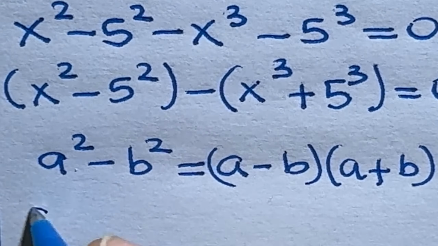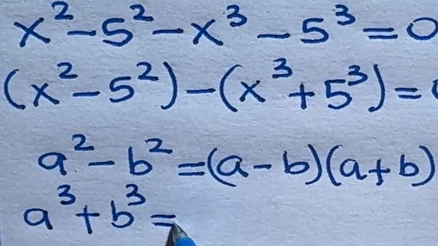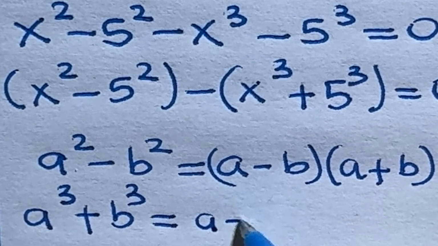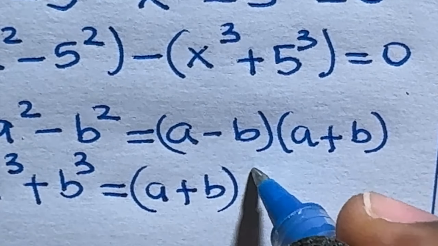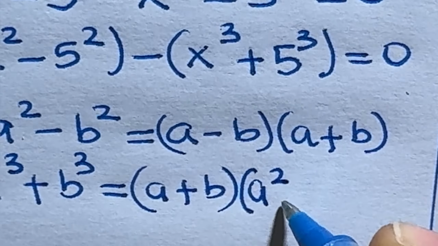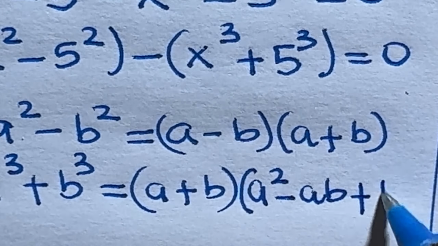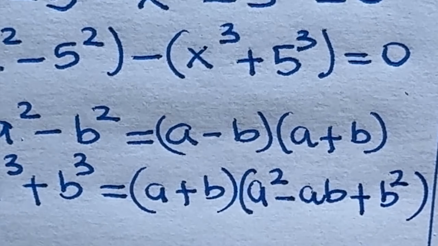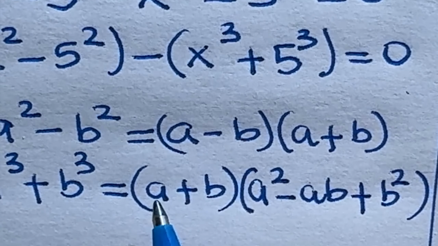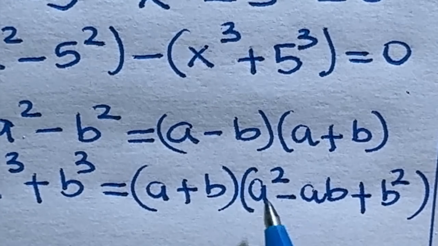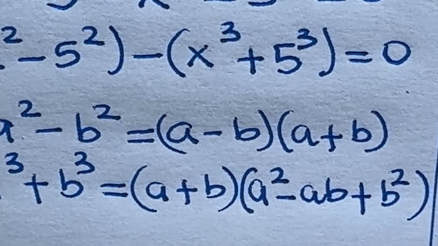If you have a cube plus b cube, you can also express this as a plus b into brackets a squared minus ab plus b squared. So it means x cubed plus 5 cubed will now be replaced with x plus 5 into bracket x squared minus 5x plus 5 squared.